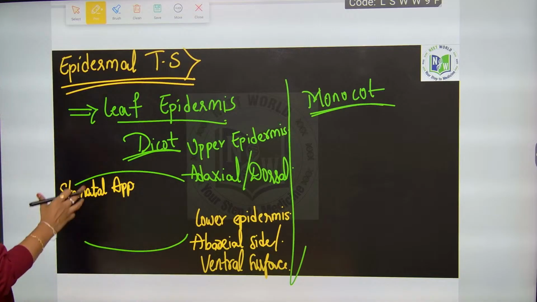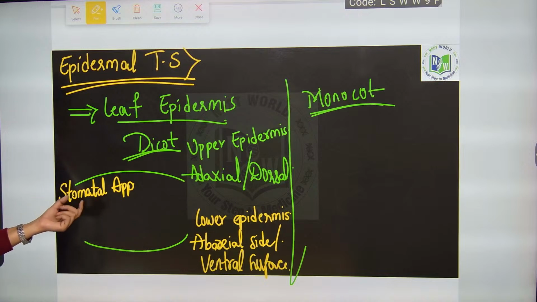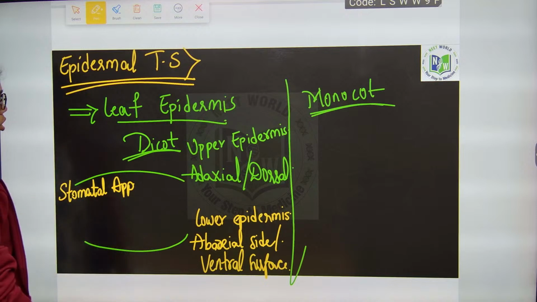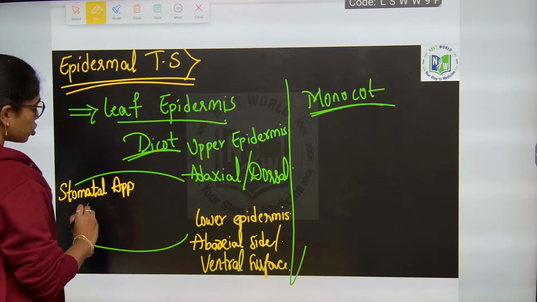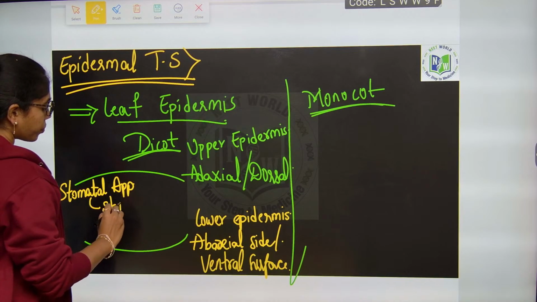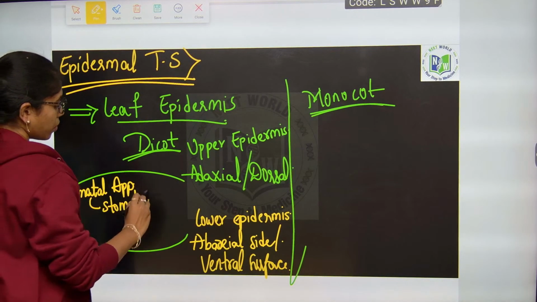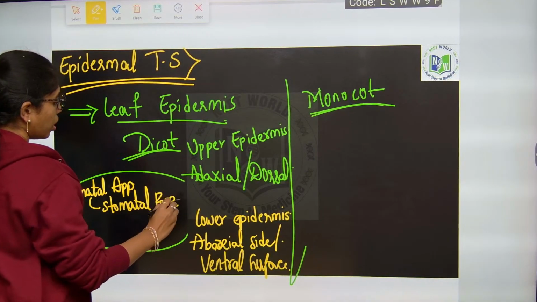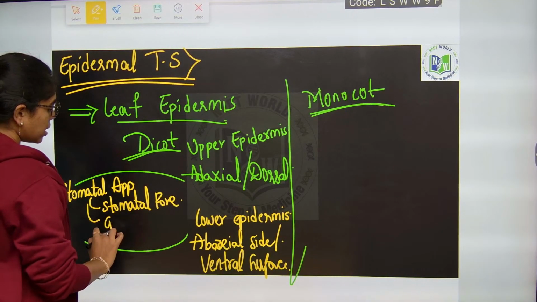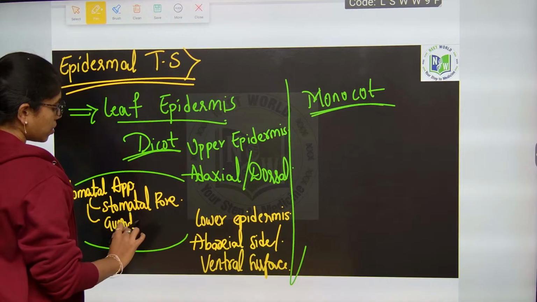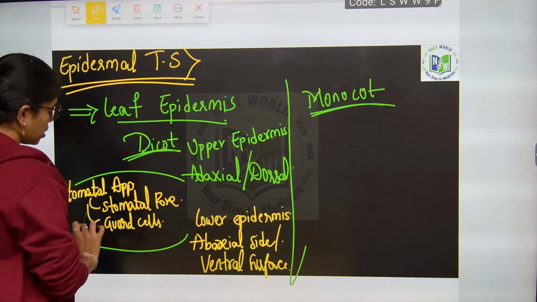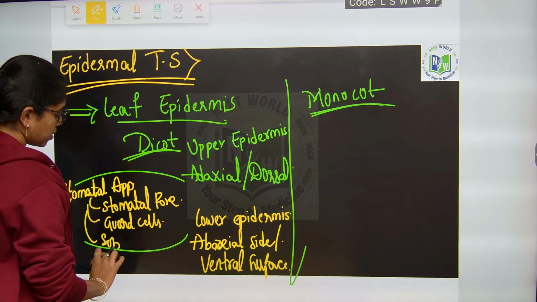So here, what are the epidermal structures you have? Stomatal apparatus. Stomatal apparatus include stomatal pore, guard cells and subsidiary cells.